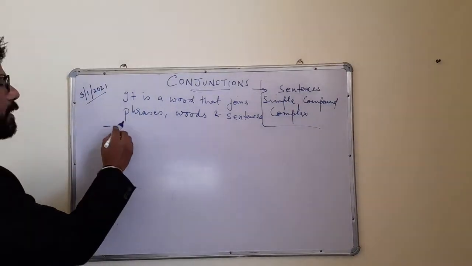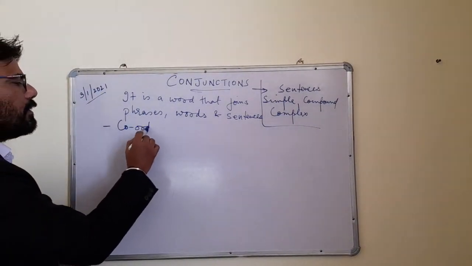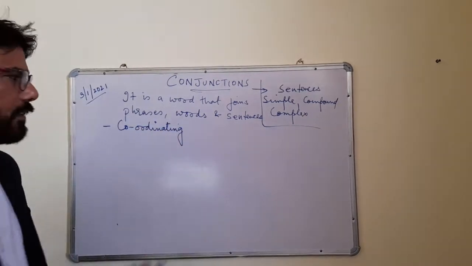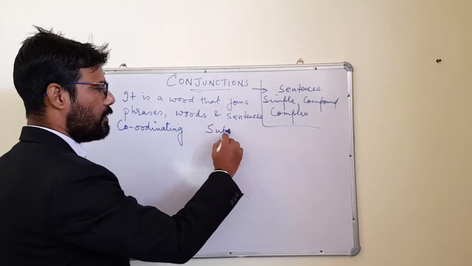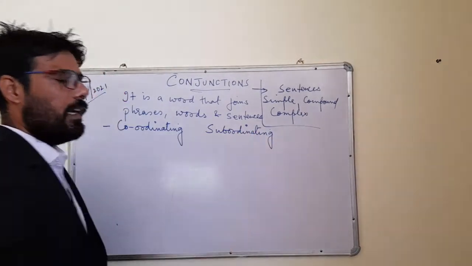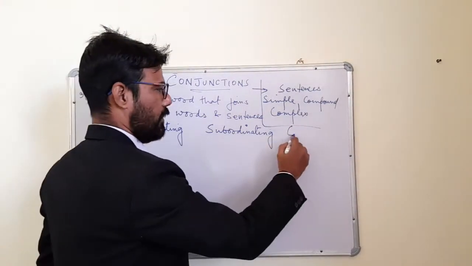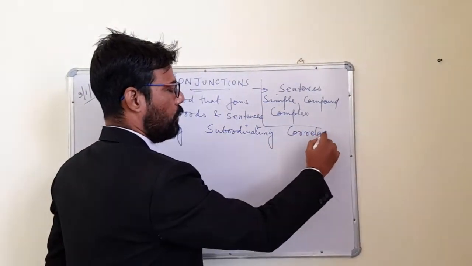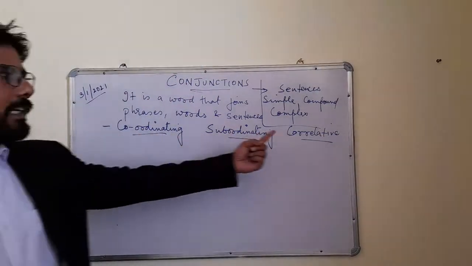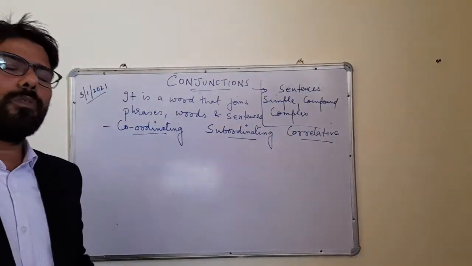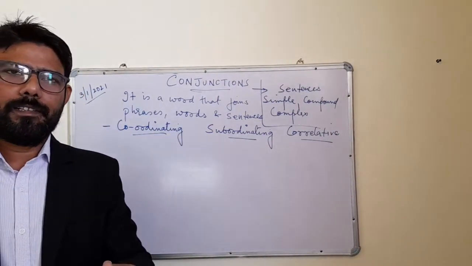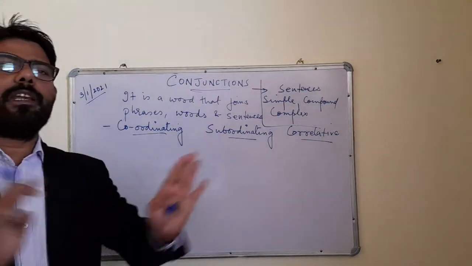One would be coordinating conjunction, next subordinating conjunction, and of course correlative conjunction. Now children, coordinating and correlative, you will find that some books state that they are similar, but subordinating is totally a different concept.